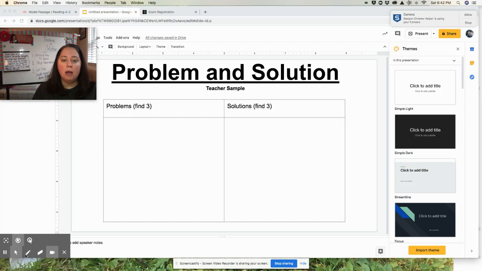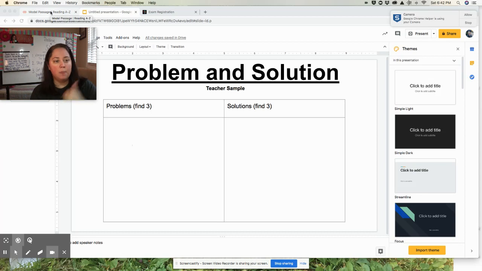And we're going to record our answers right here in this Google slide. And when you are done watching this video and you have to read your text, there's a slide available to you that you will do the same thing. You will type the 3 problems that you found, and then you will type 3 solutions that you found after reading the text.